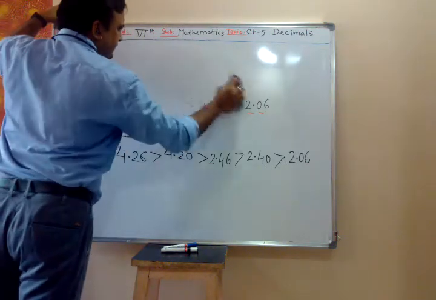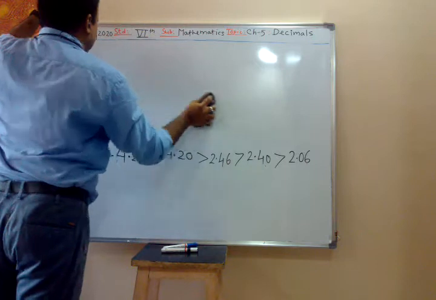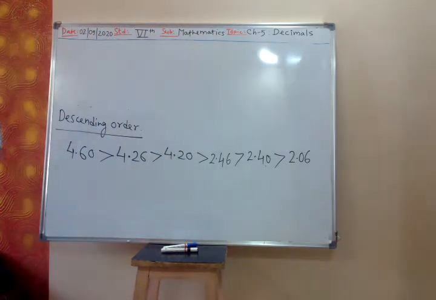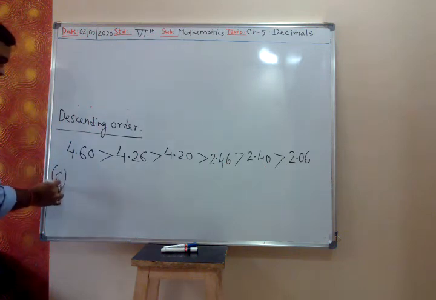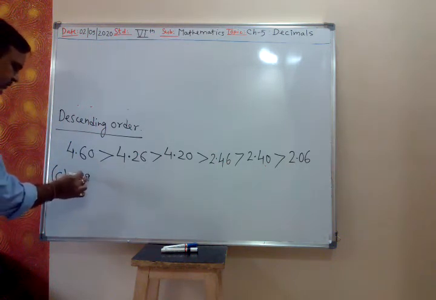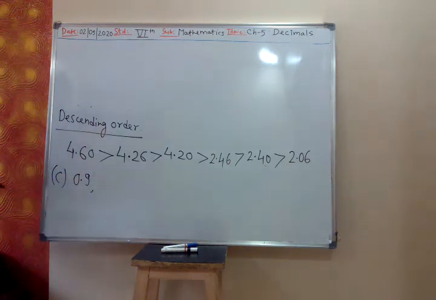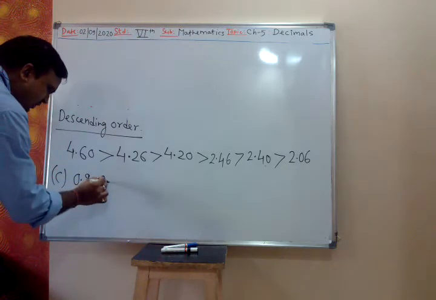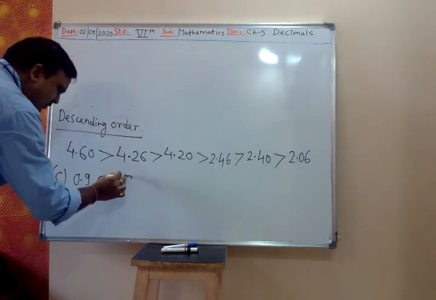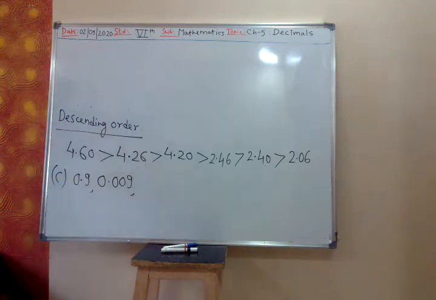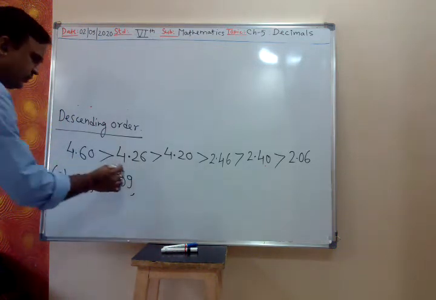Yes, C. No, wait. Let us solve C. Chalo. C: 0.9, 0.09, then 0.09.